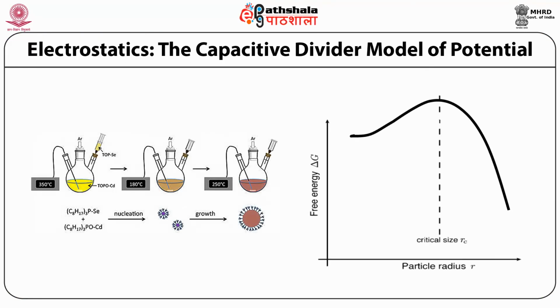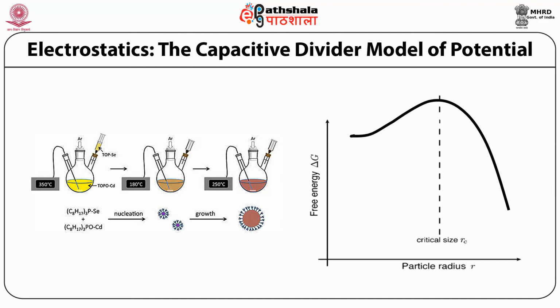So the first term becomes negative, resulting in the free energy being a maximum for a certain critical radius RC at which a nucleation barrier is imposed. In the case of spherical nanoparticles, we neglect any variation of the surface tension sigma, that is, nanoparticles without facets.